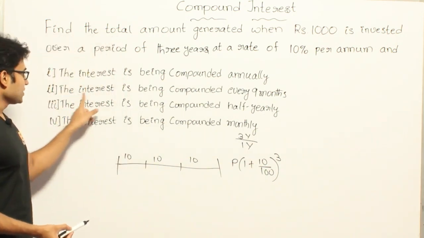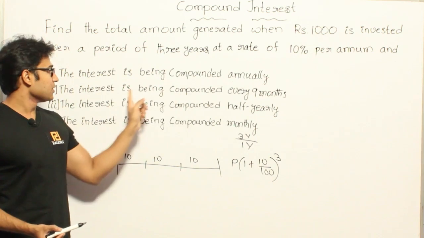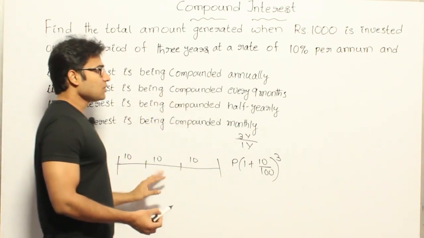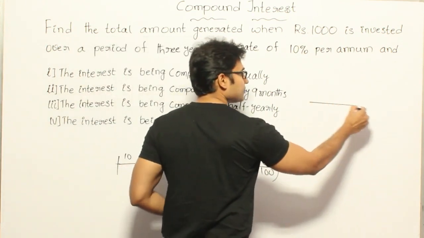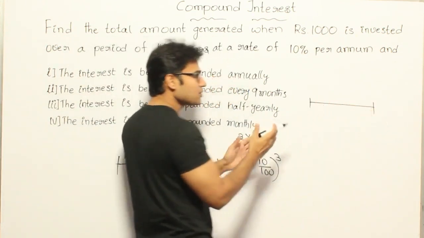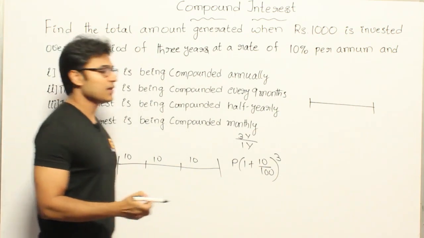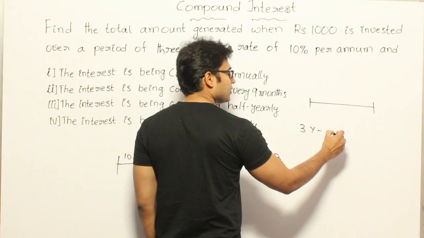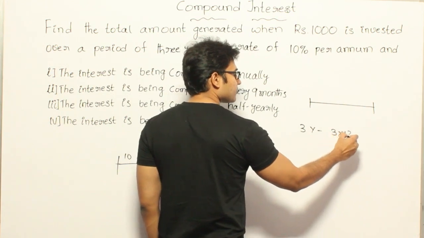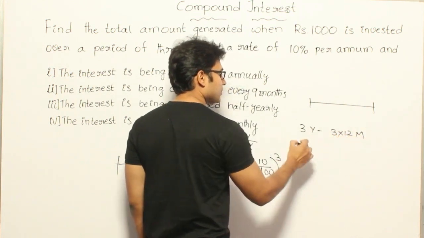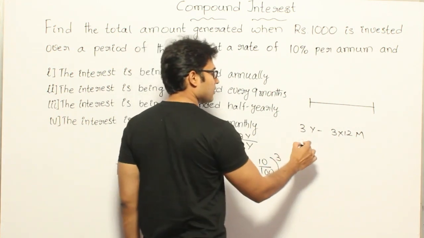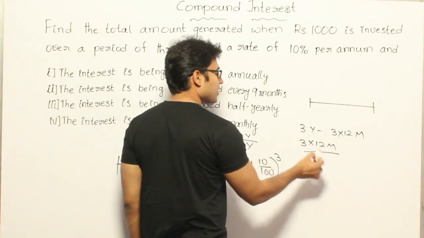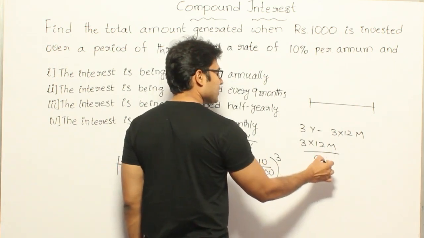Okay, and the next one is the interest is being compounded every 9 months, right? Therefore you are supposed to divide this entire 3 years into slots of 9 months each, right? So in 3 years we have 3 into 12 months, right? Therefore 3 into 12 months is now divided into slots of 9 months each.